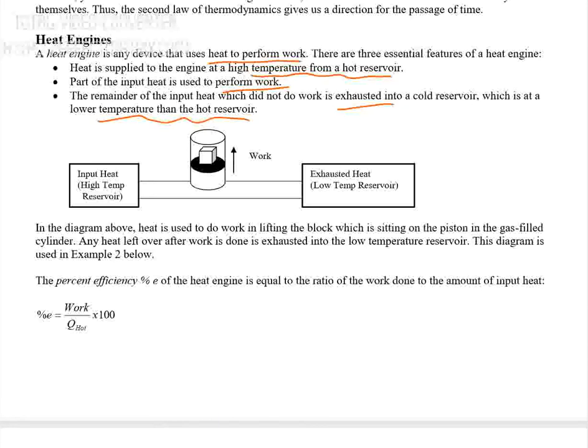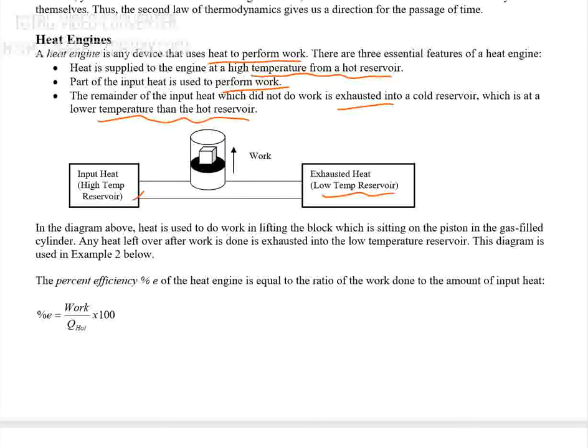Therefore, we have an input at high temperature from the heat reservoir. Some of this input makes mechanical work, and the other is what? Exhaust heat at the lower temperature reservoir.